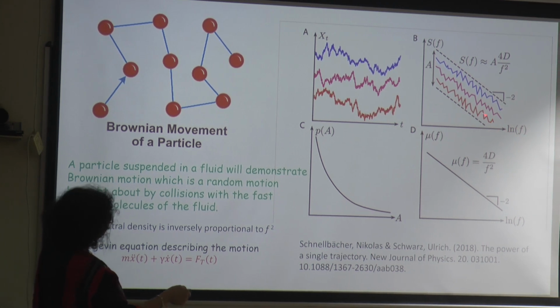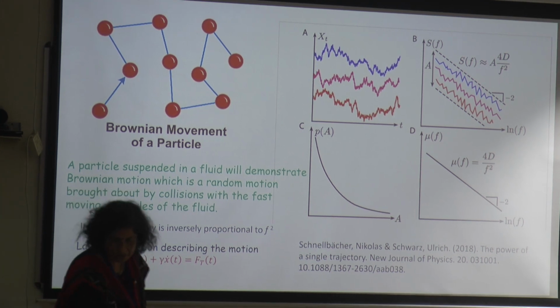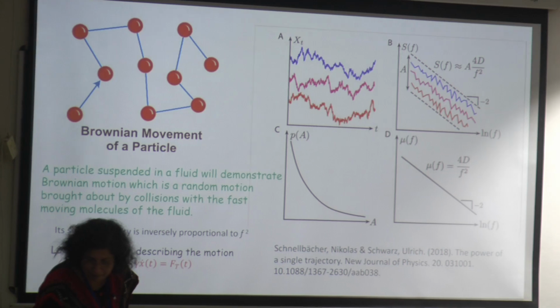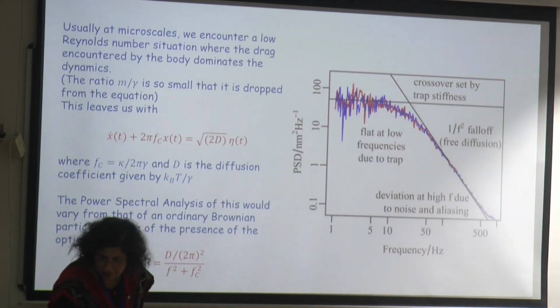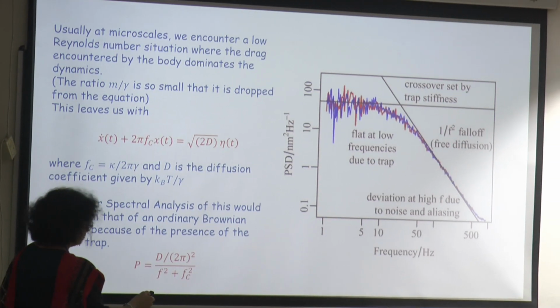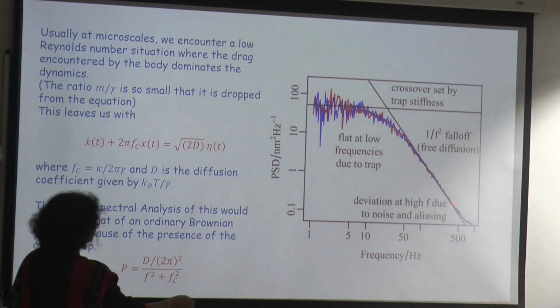Please note that the power spectral density follows a 1 by f square at high frequencies as well as low frequencies. There is absolutely no change. Now, when you come to a trapped particle, this is what you measure. The colorful graph, that is what you measure.